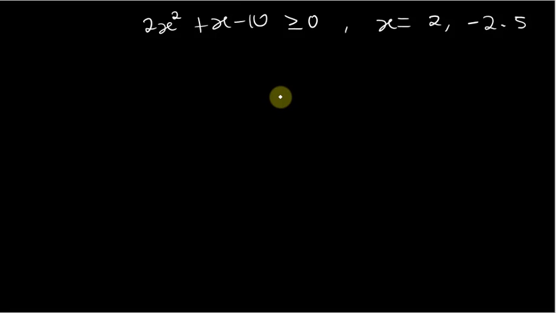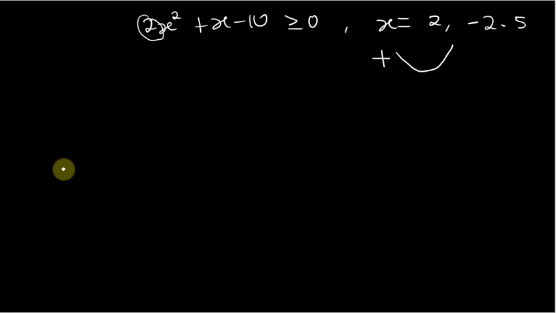Don't forget that you can use the coefficient of the x squared to determine the shape. Now the coefficient of x squared is positive 2. And as I said in the other example, if the coefficient of x squared is positive, it means that the shape is going to be like this. Okay.